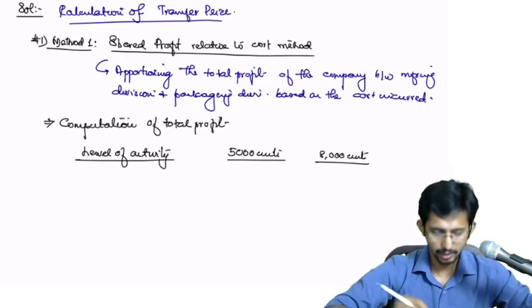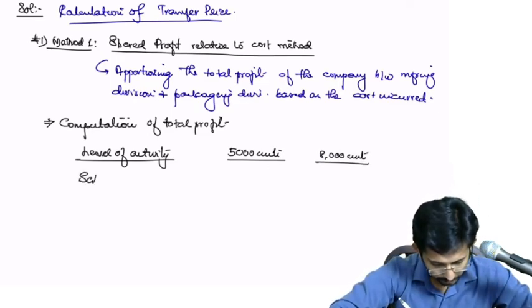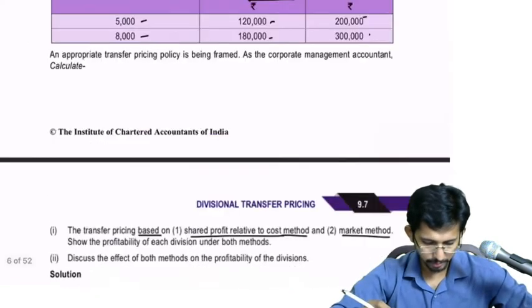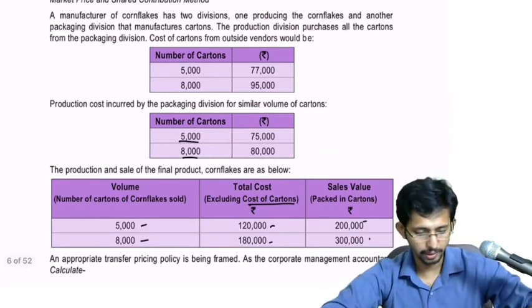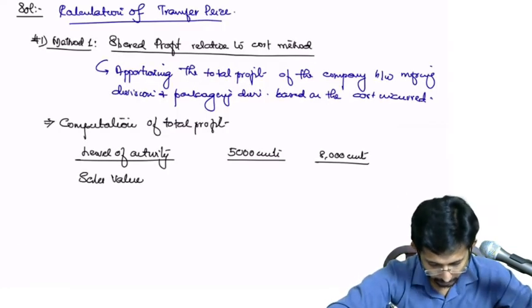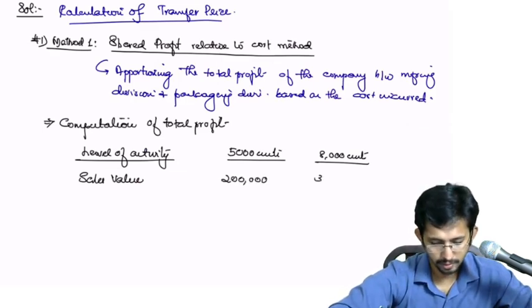Okay, then sales value. What is given as sales value? Sales value is 2 lakhs and 3 lakhs respectively, right? 2 lakhs and 3 lakhs.